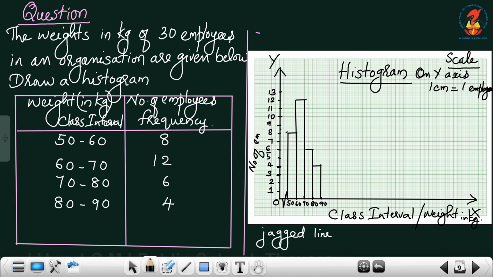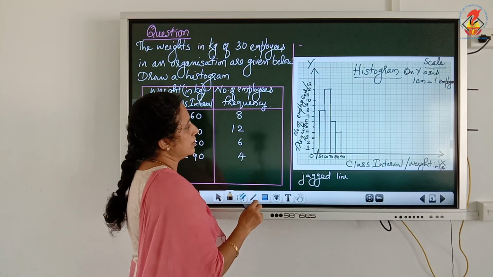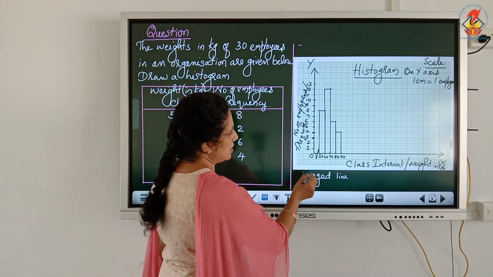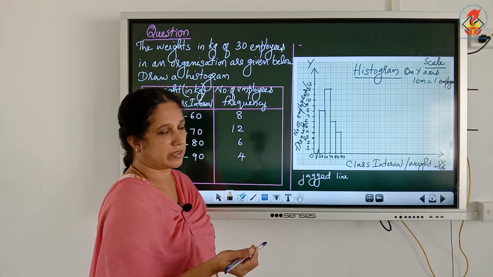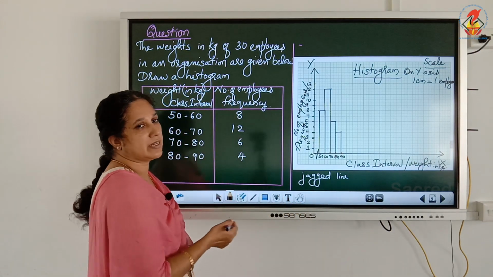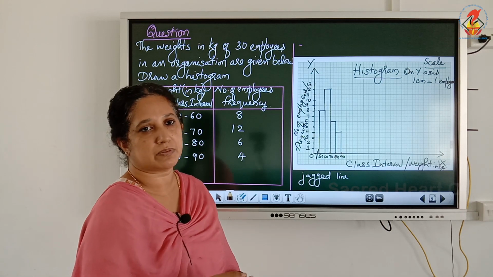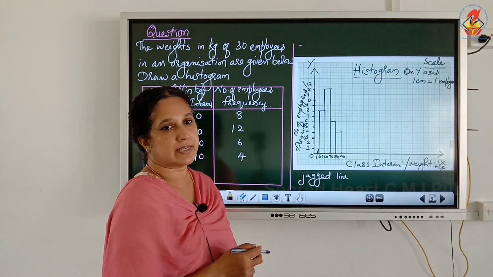Number of employees or frequency, and here we mark the class intervals or weight in kilogram. And the graphical representation of the grouped frequency distribution, that we call the histogram.